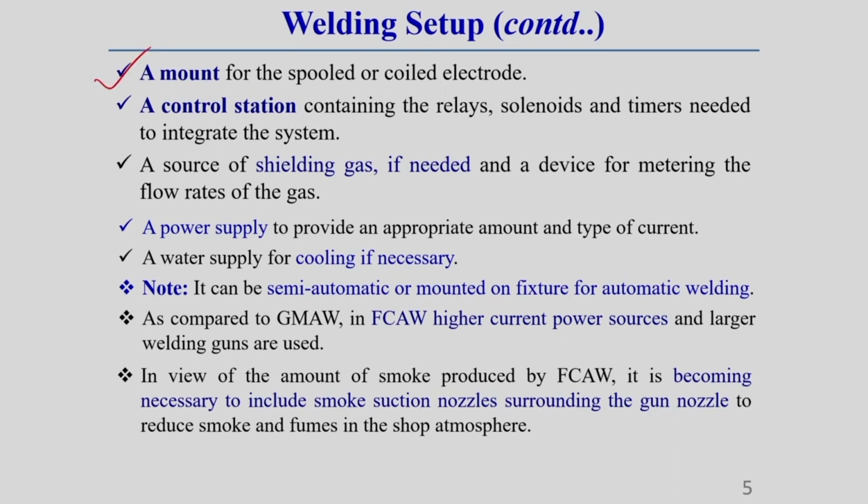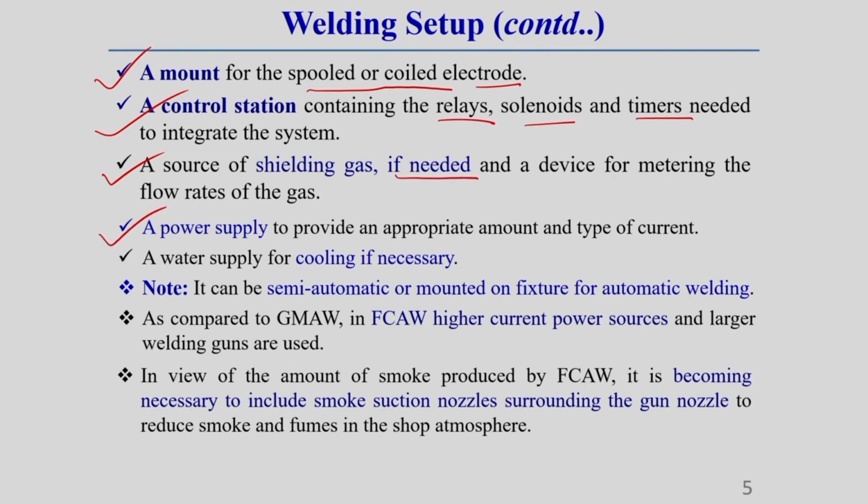So, here is a mount which is used to spool or coil the electrode. There is a controller, this control station generally containing relays, solenoids, and timers which are needed to integrate the system. It also has a shielding gas system, which is used if required, sometimes not.